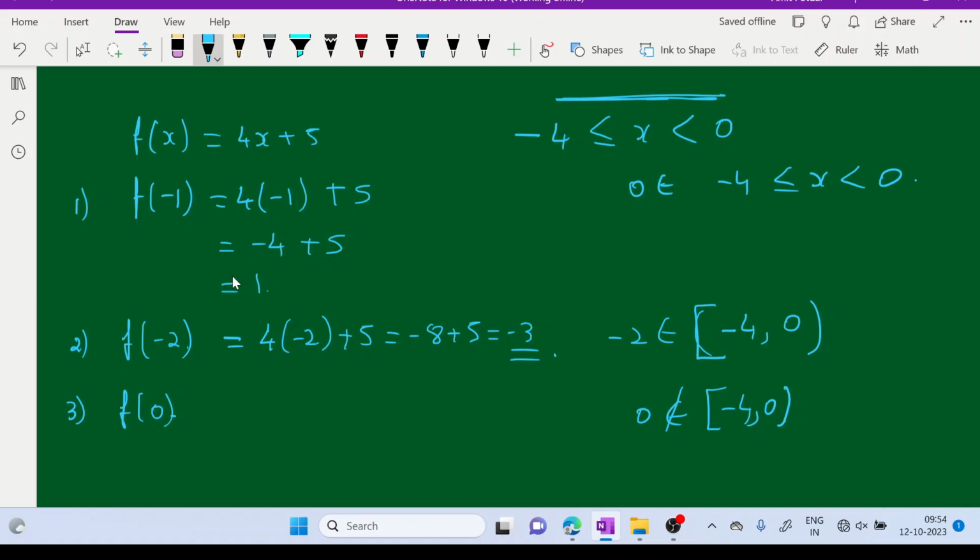So f of 0 is not defined, or it does not exist. Okay, make sure you remember all these things. Otherwise, when asked for f of 0, you will find 4 into 0 plus 5, and the answer 5 will come, but it is not defined at all.